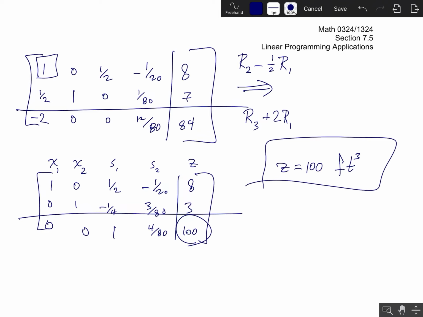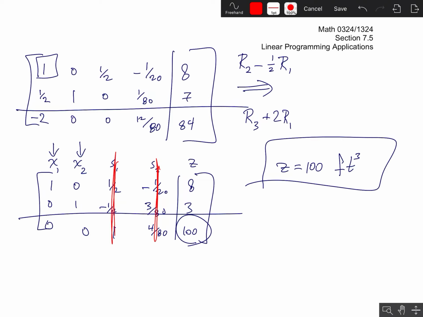And then if we wanted to actually answer the question, which was how many of each type of cabinet we should buy, remember x1 represented the number of ACE cabinets and x2 represented the number of Excello cabinets. So we'll read off from this matrix what the values of those are. In order to read off the values, remember that we delete any non-basic columns. So this is a non-basic column and this is a non-basic column because they have more than one non-zero entry.